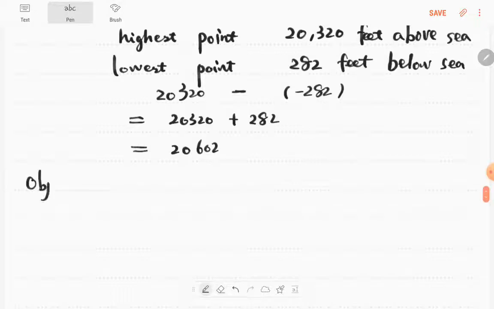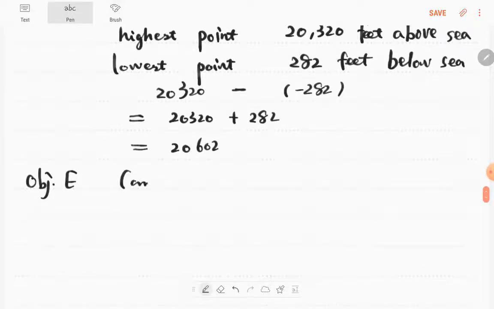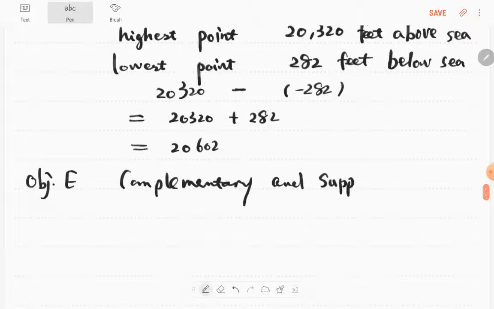So let's check objective E. Try to find the complementary and the supplementary angles.